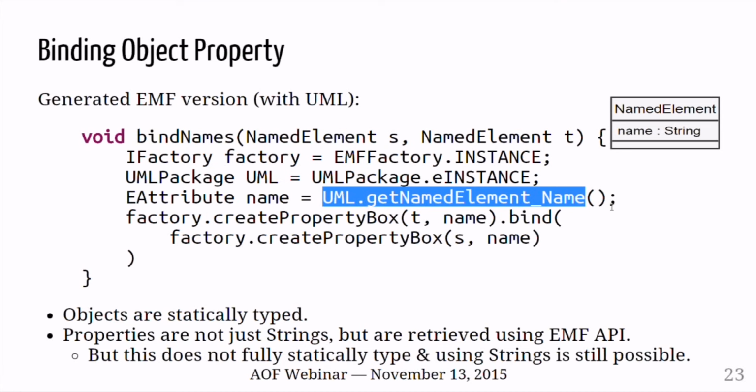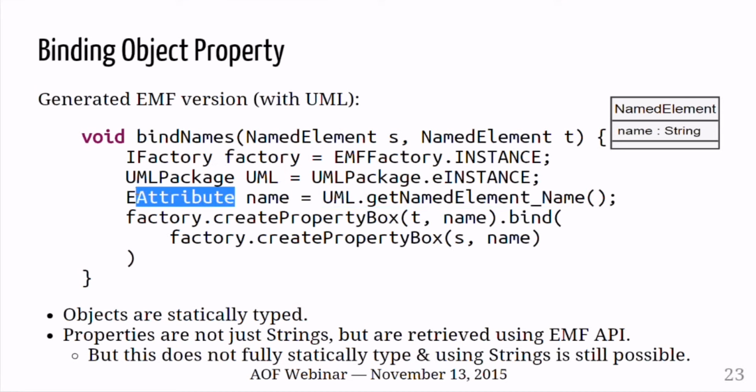Although objects are statically typed, and properties are not just strings as before but actual structural features, this does not make it completely statically typed, because the EMF E-attributes, or E-structural features in general, are not generic.